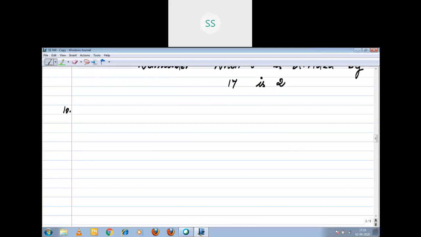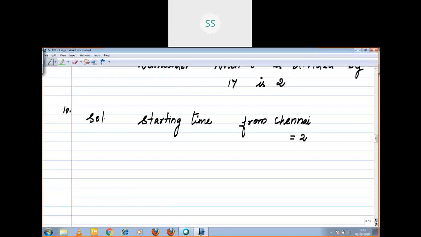Right? Now, solution. Starting time from Chennai is 23:30 hours. Now, traveling time, it is given to you approximately 11 hours. Got it?